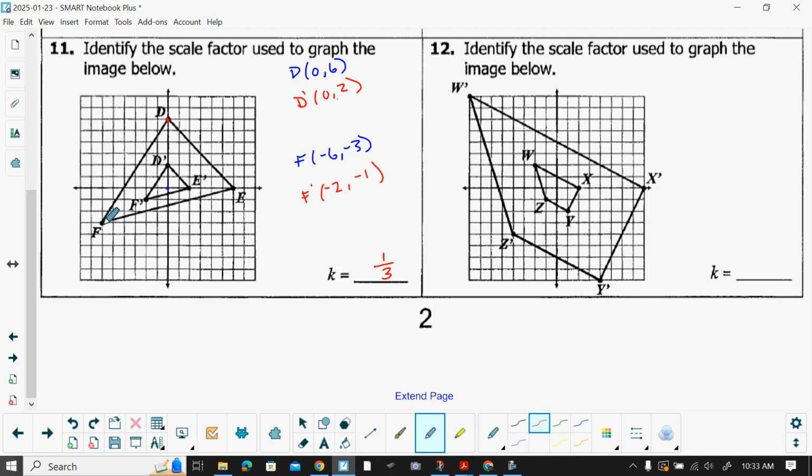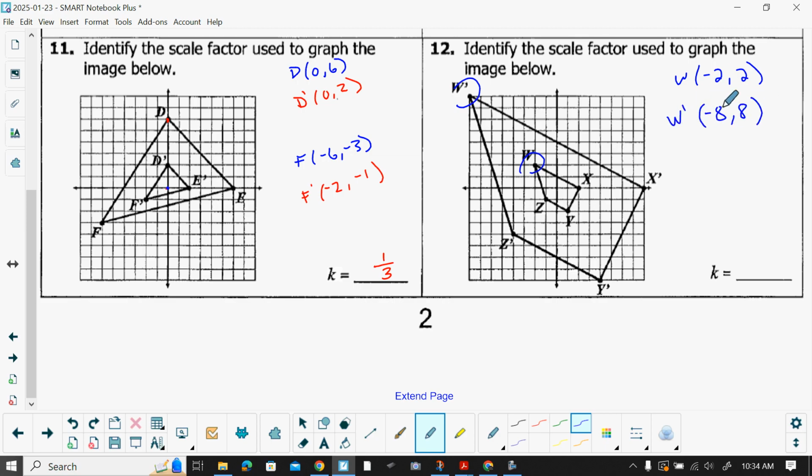But you can pick any point you want. Same thing over here. Let's pick a random point. I'll pick W and the new W. W is negative 2, 2. My new W is 1, 2, 3, 4, 5, 6, 7, 8, negative 8, 8.